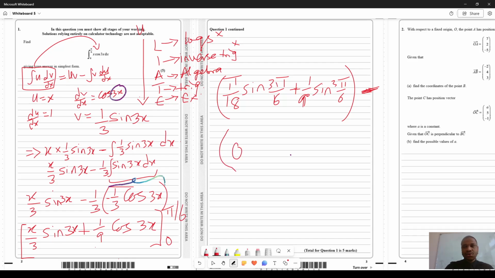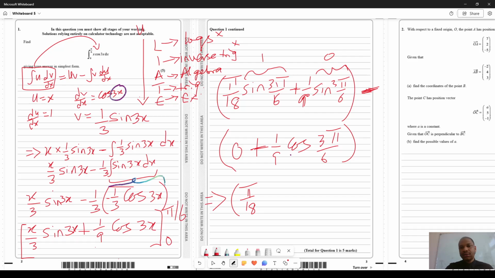This will be 0 plus 1 by 9 cos 3 pi by 6. If we simplify, 3 pi by 6 gives pi by 2. Sine 90 is 1, so that gives me pi by 18. Then the cos term is 0.